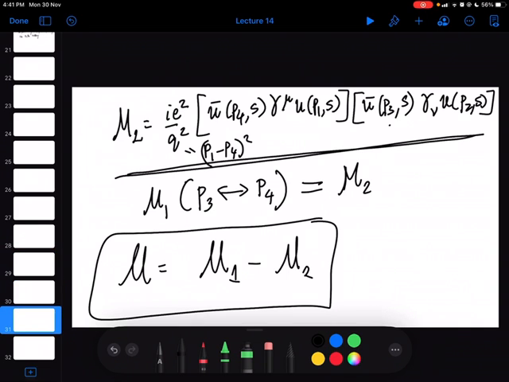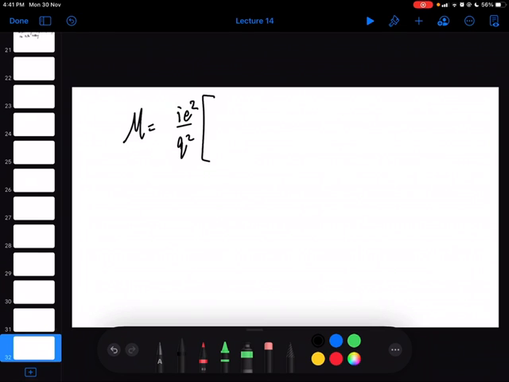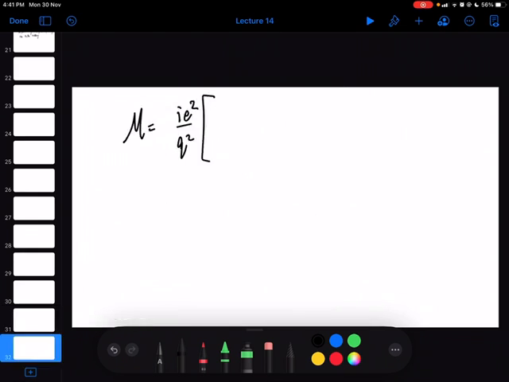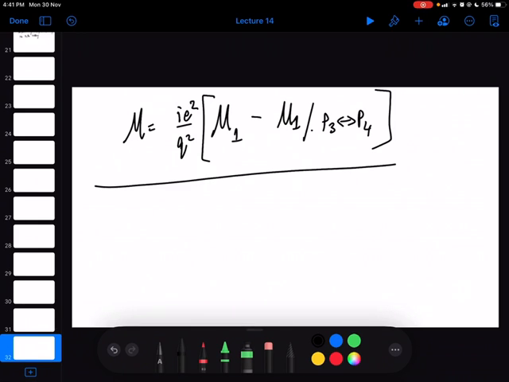So wherever there is a P3, you replace it by P4, and wherever there is P4, you replace it by P3, and you get back this amplitude. So this is M1 minus M1 with the substitution P3 interchanged with P4.